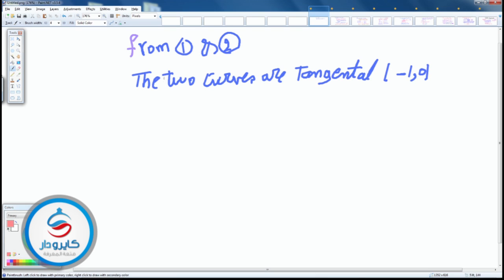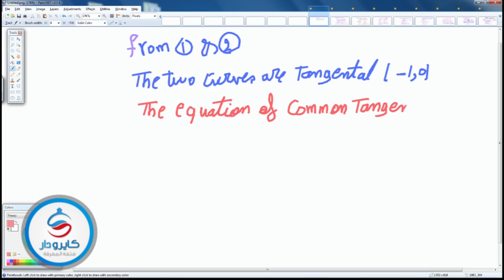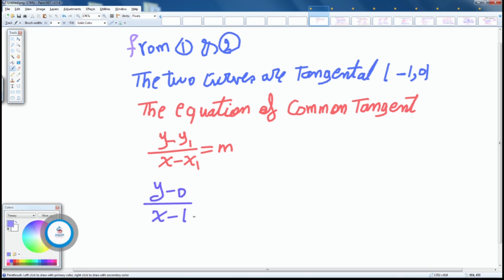So we have to find the equation of the common tangent: y minus y1 over x minus x1 equals m. So what about y1? y1 is 0 and x1 is negative 1.